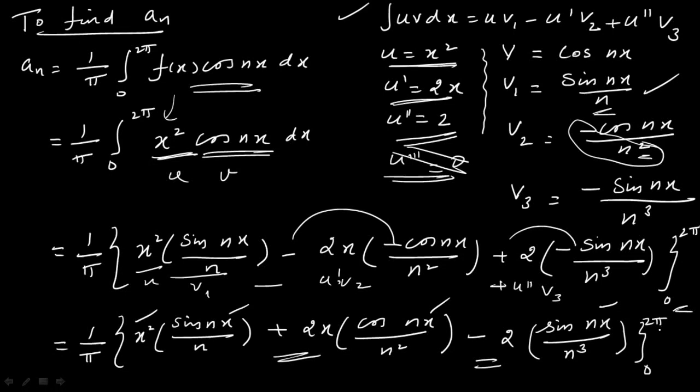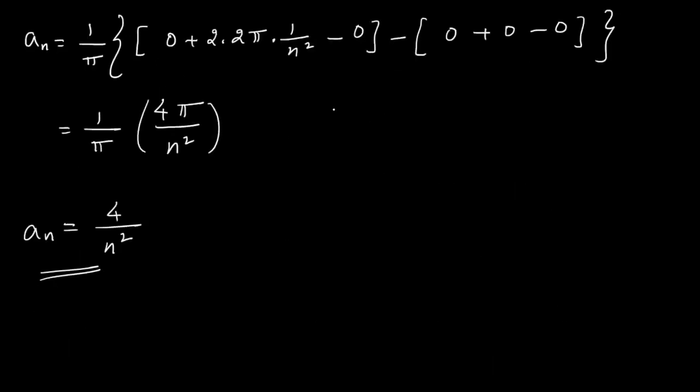Suppose if you substitute x equal to 2 pi first, what happens? If you substitute x equal to 2 pi, sin 2 pi, this term becomes 0 and this term becomes 0. You have only the second term alone, because 2 times 2 pi cos 2n pi value is plus 1 over n square.